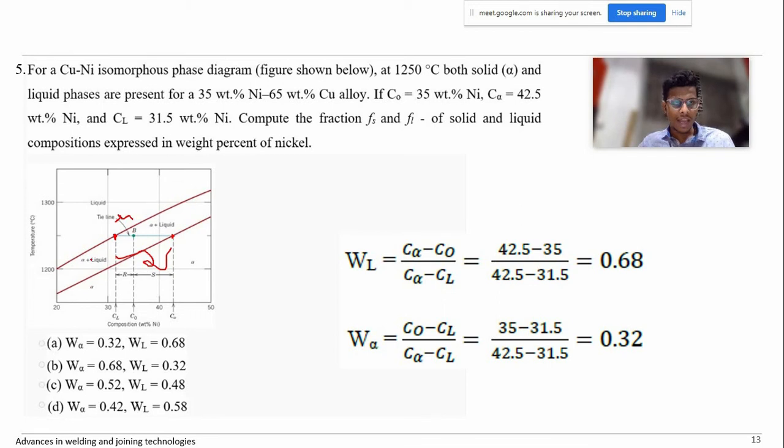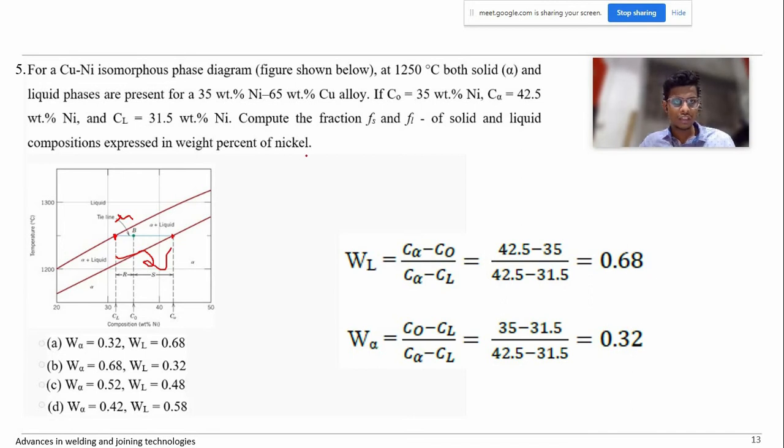As I explained, if I want to calculate the liquid, I need to calculate C alpha minus C naught, divided by the whole C alpha minus CL.